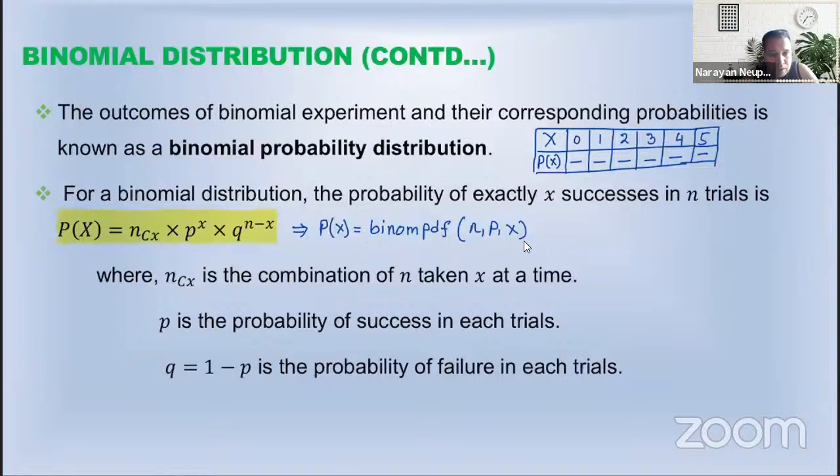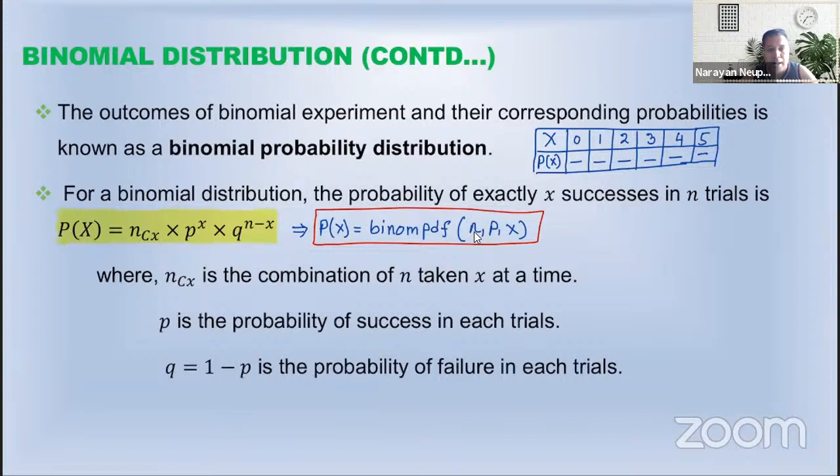So I'm going to give you this definition here, and you can add this to your note catcher. P of x, the probability of x successes in a binomial probability distribution, is equal to the binomial PDF function in our calculator, binomial probability distribution function, for n trials.